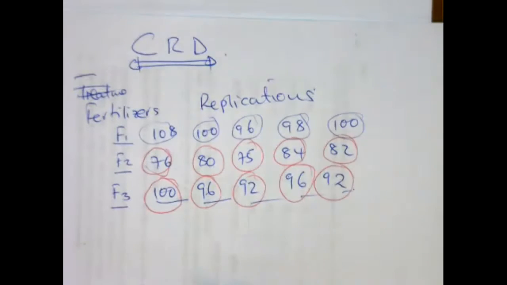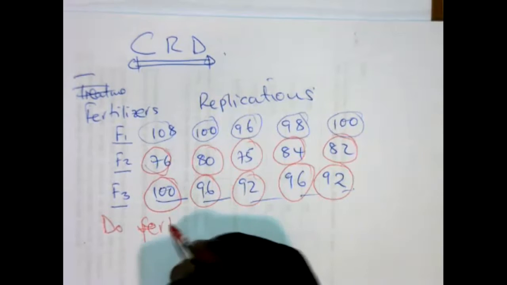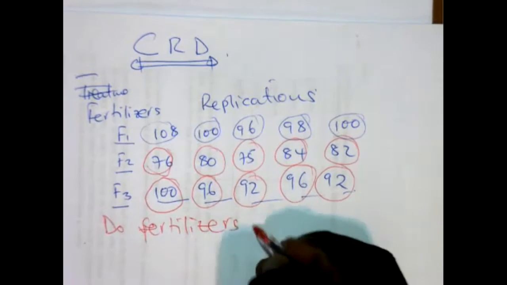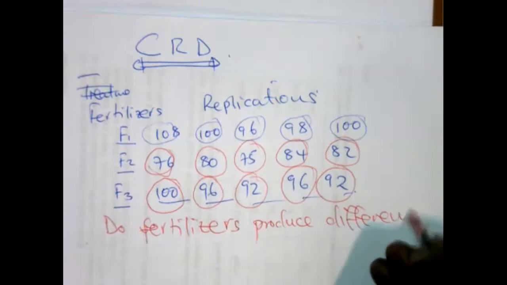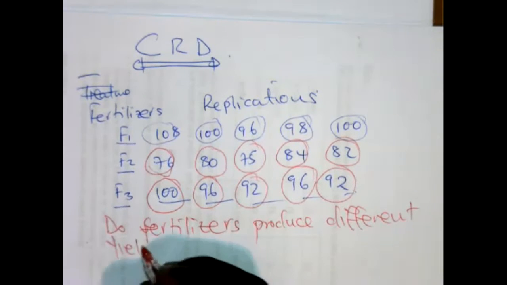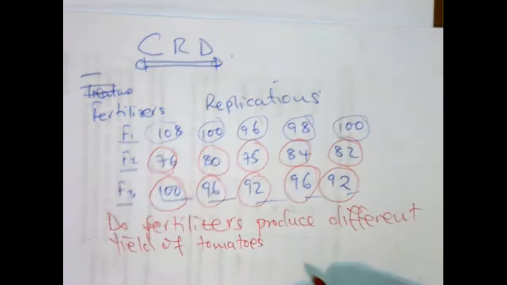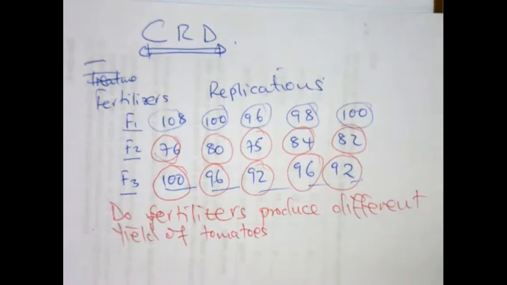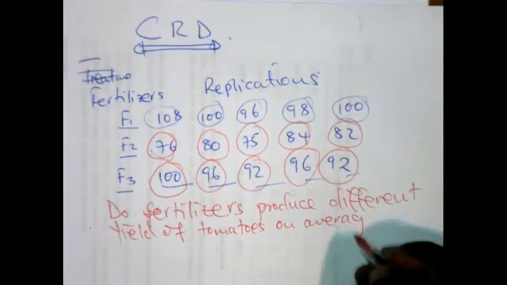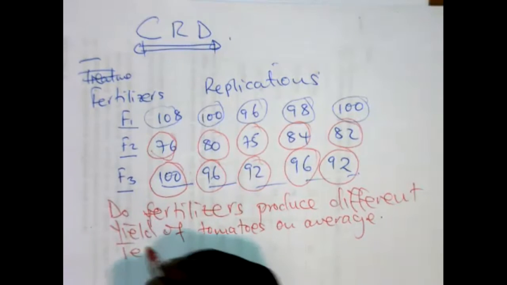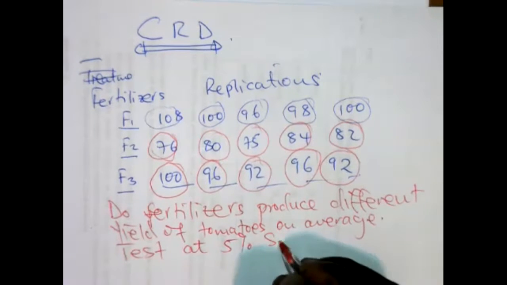So the question is: do fertilizers produce different yield of tomatoes on average? We need to test this at a 5% significance level.